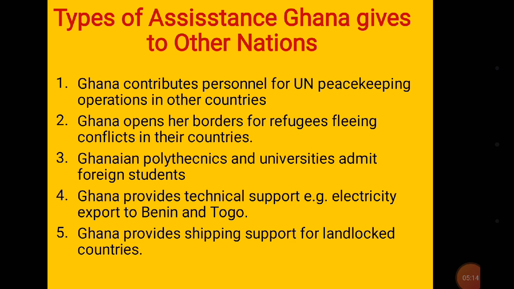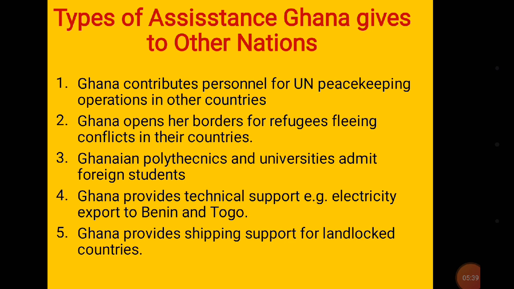Then the fifth one, Ghana provides shipping support for landlocked countries. Landlocked countries are countries that are not by the coastline, and so they don't have the opportunity of having the sea in their countries. And for that reason, they cannot build seaports for shipping their cargoes and persons.